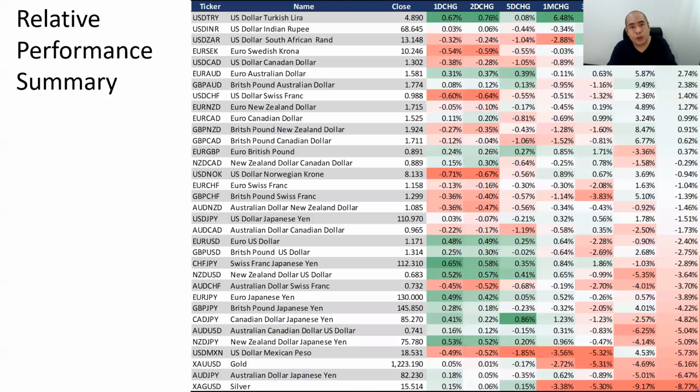And the way I do it, if you're using this type of table, you're looking at colors, which are conditionally formatted, that tend to highlight the higher valued percentage changes.